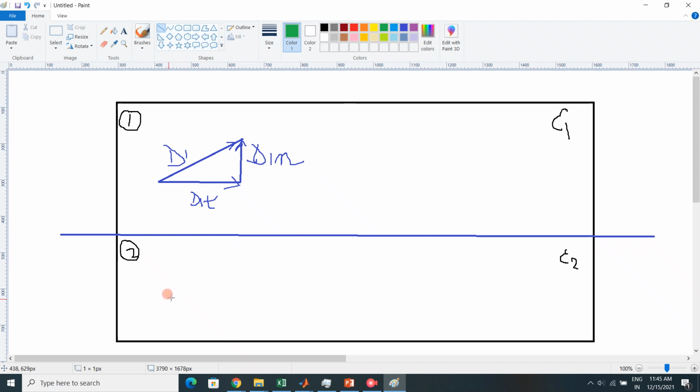Similarly, the second medium also has an electric flux density, divided into a tangential component and a normal component. This is D2, this is D2T, and this is D2N.